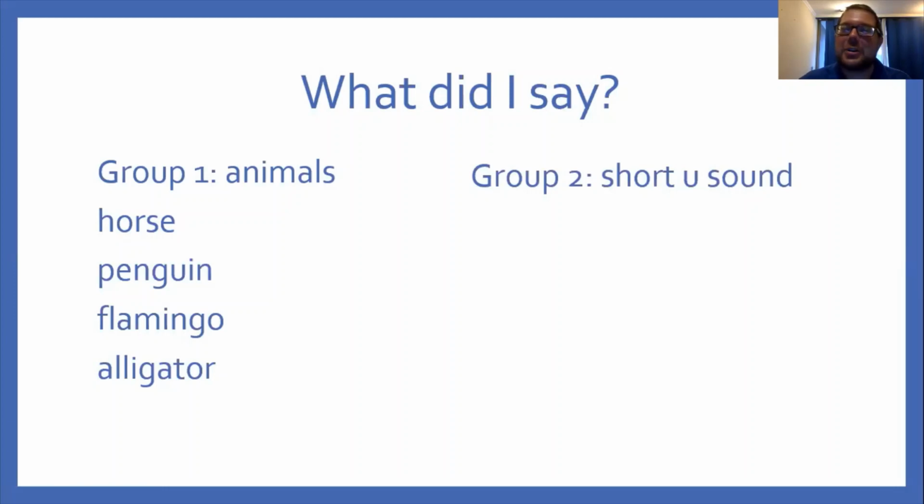All right, would you like to hear it one more time? Yes? Okay. So this was fun, right? So we have the short U sound. So all these have the sound in them, right? Okay. All right, so the second one has 2 syllables and it has the sound in it.